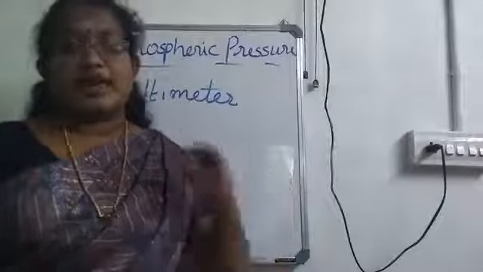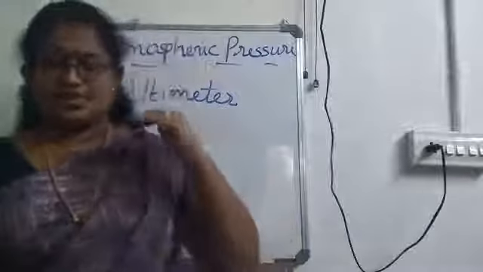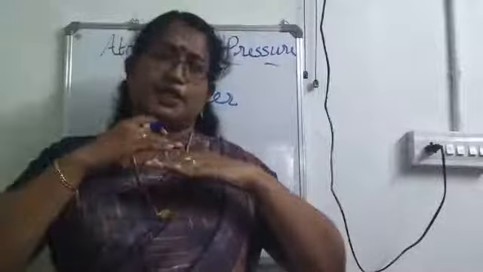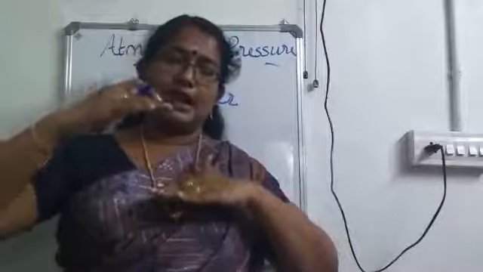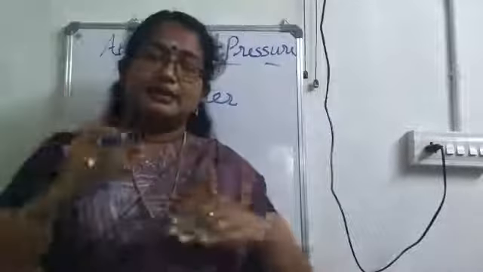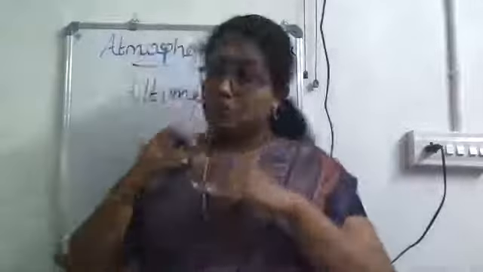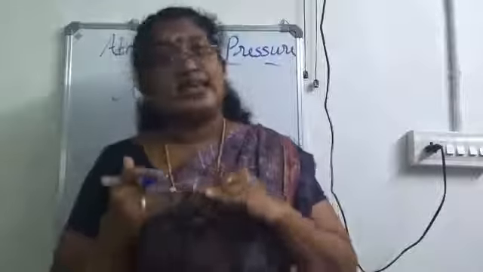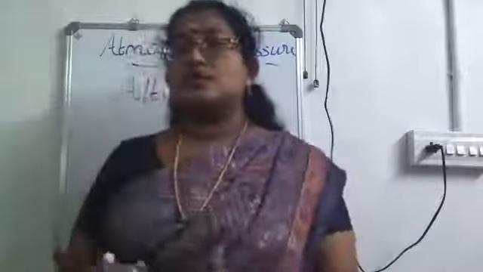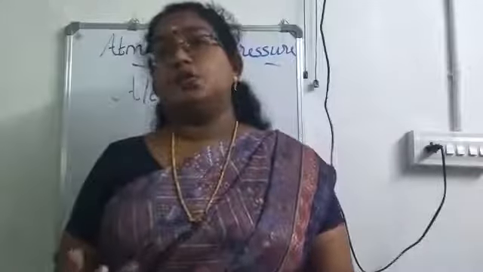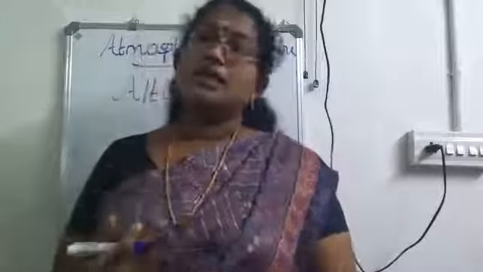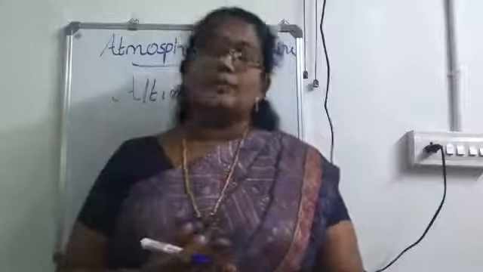Okay, so for every particular increase in height, the reading of the atmospheric pressure falls to a certain extent. So using this concept, altitude can be measured using a barometer.